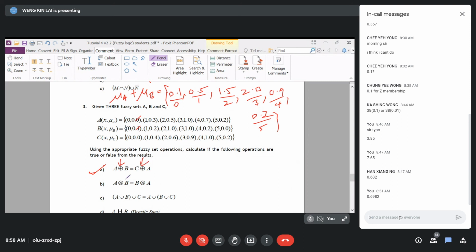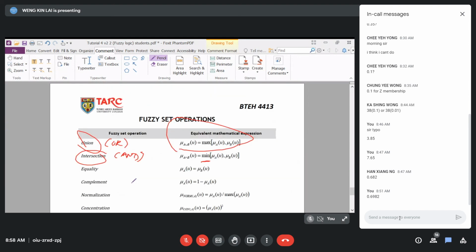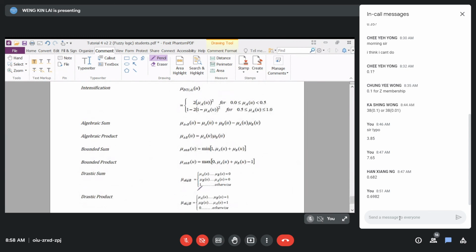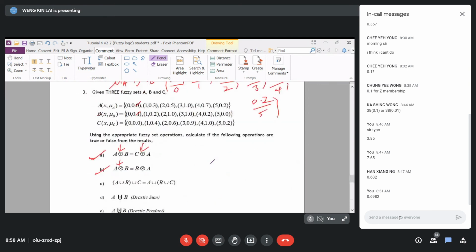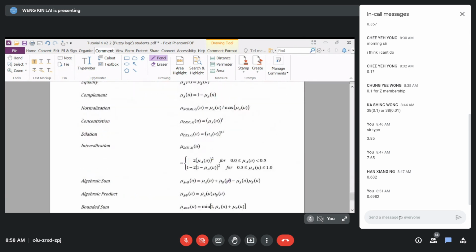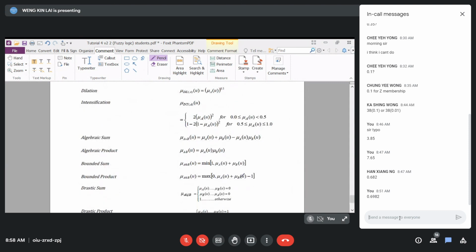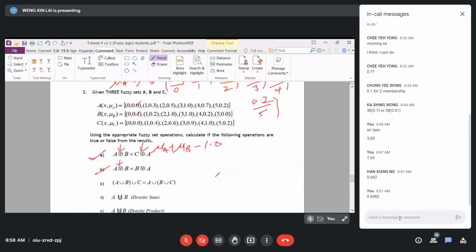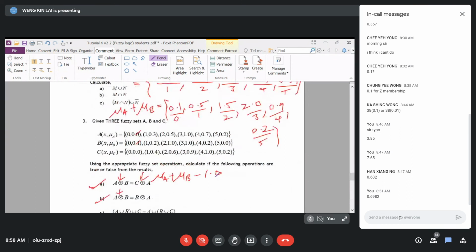Now, bounded product, the next one here, this question. What is it? You do the same thing, except that bounded product is actually mu A plus mu B minus 1 compared against 0. You take the maximum one. So first of all, you do this operation minus 1.0, and you take the larger value. Minus 1 and 0, so compared to 0, it can never be less than 0, right?